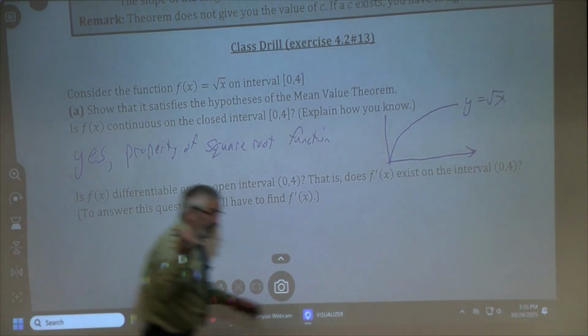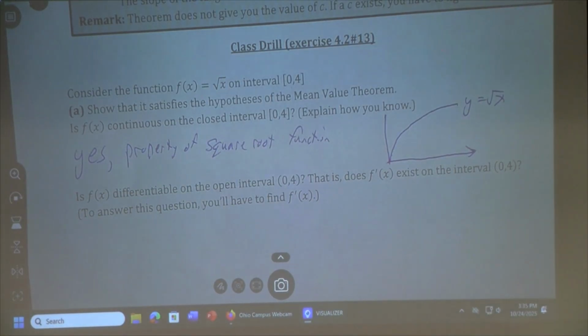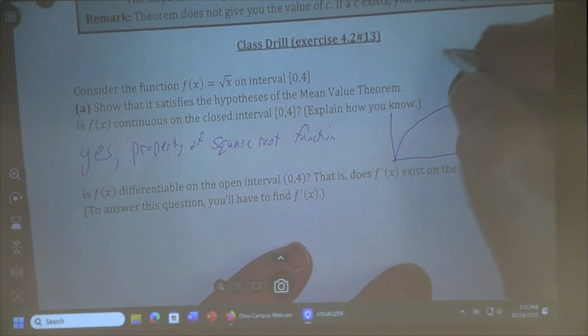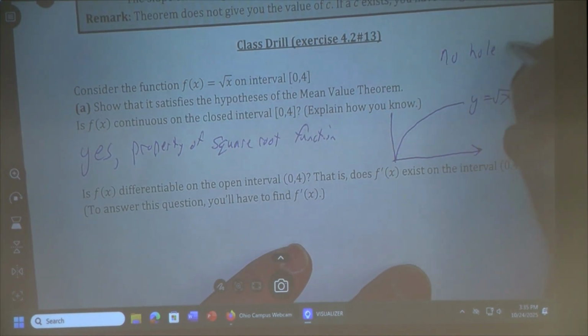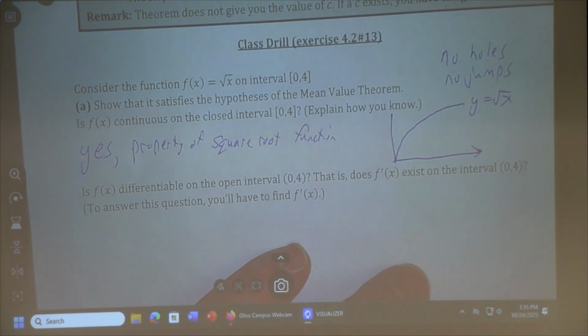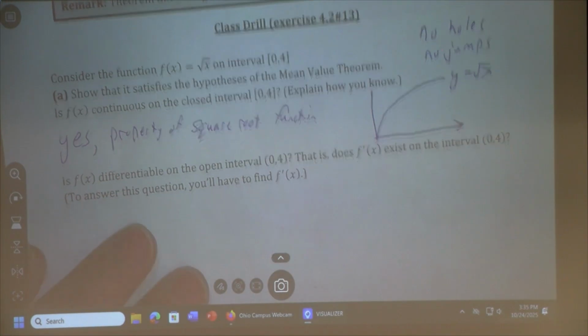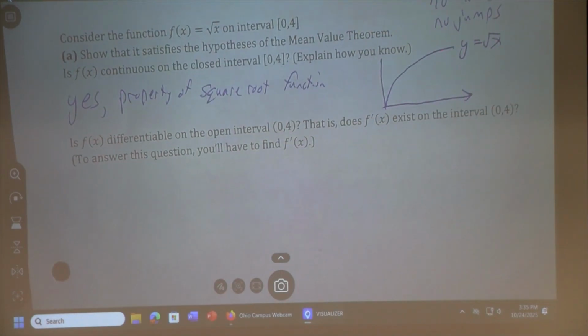So the key things about this graph are that there are no holes, no jumps. All right. Is it differentiable? Now, let's go back to this. What's the domain of our function? Yeah, 0 to 4.